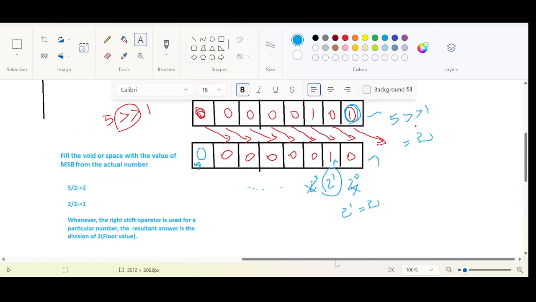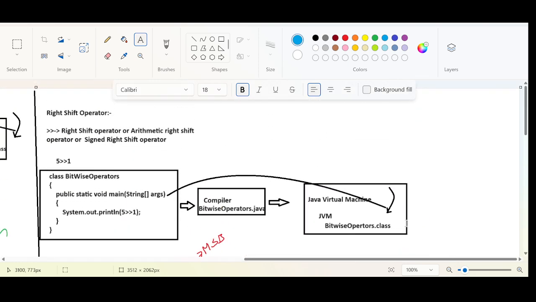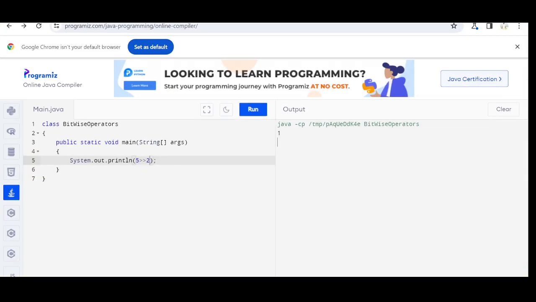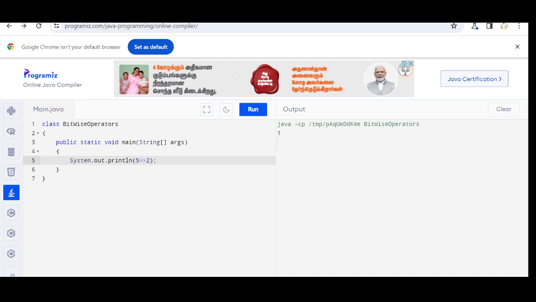Now the pretty important question is: sometimes there are high chances that you will have to use these right shift operators for negative numbers. 5 is a positive number, right? When I say negative number, just use a negative number, minus 5.